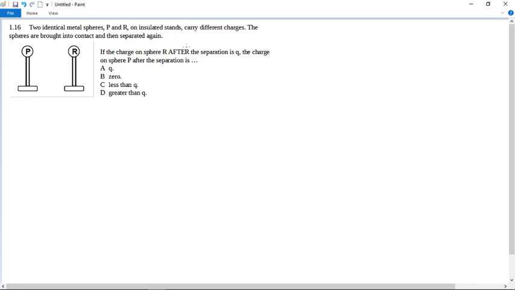If the charge on sphere R after separation is Q, the charge on sphere P after separation is, this is too easy, Q. The answer is A, because in an isolated system, the net charge is conserved. So the Q new on both of these is going to be exactly the same.